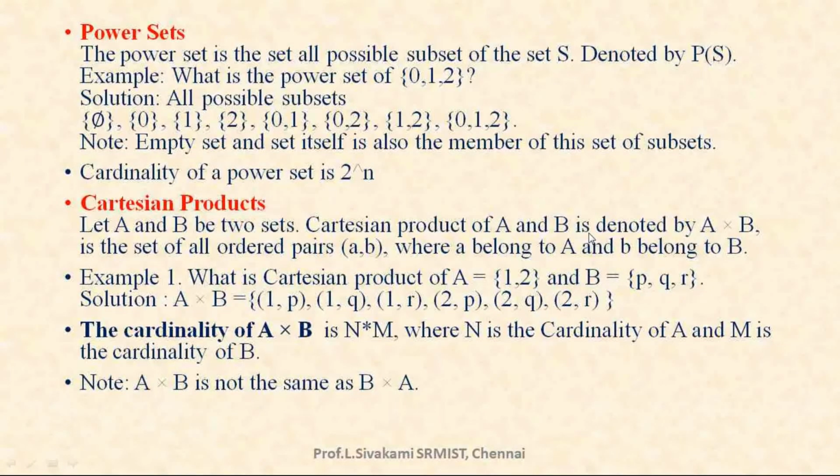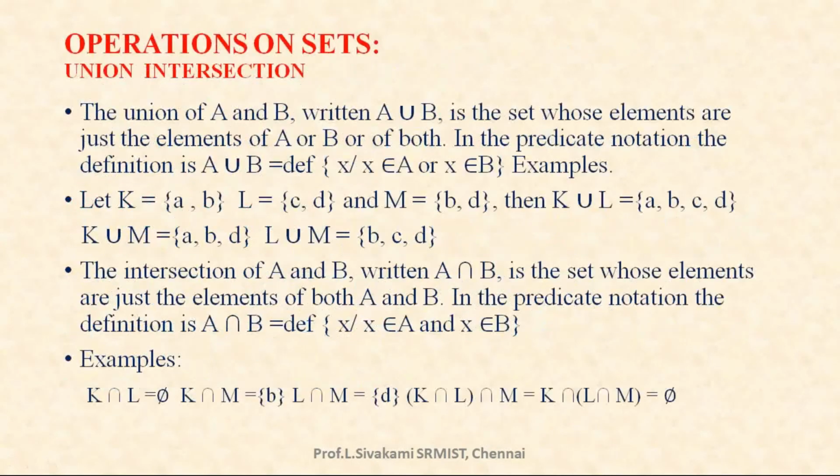Next, the operations on sets: union and intersection. The union of A and B, which is A union B, must cover all the elements of A and B. It is defined in the roster form as the set of x such that x belongs to A or x belongs to B. For example, if K equals {A, B}, L equals {C, D} and M equals {B, D}, then K union M equals {A, B, D}, and L union M equals {B, C, D}.